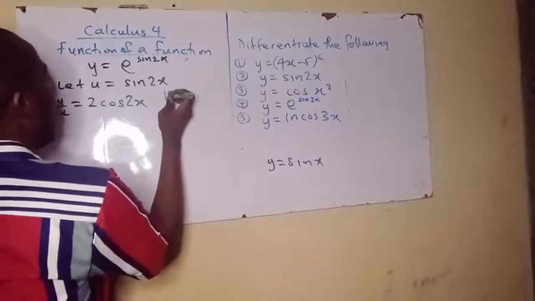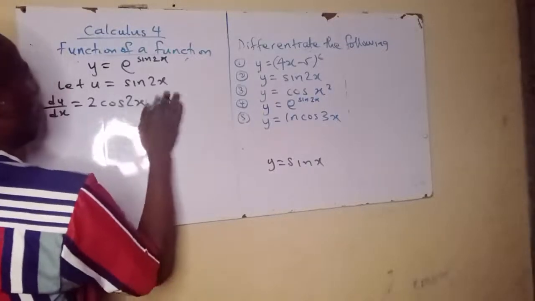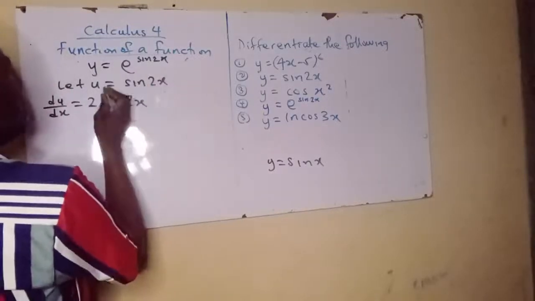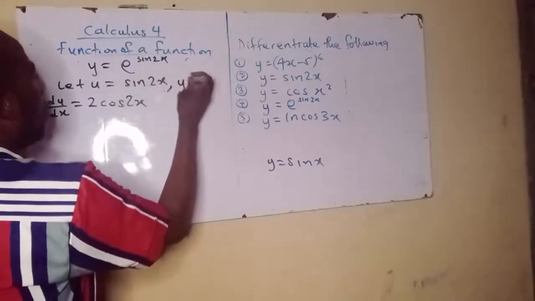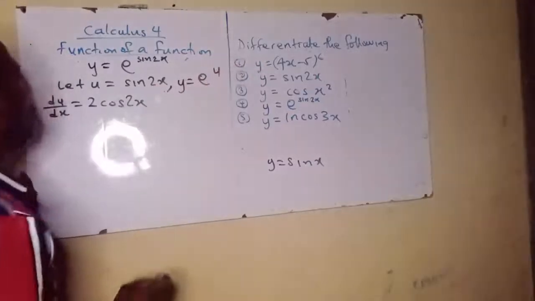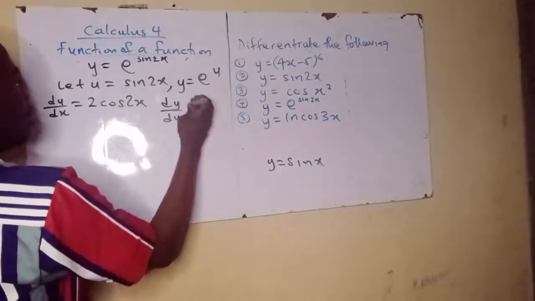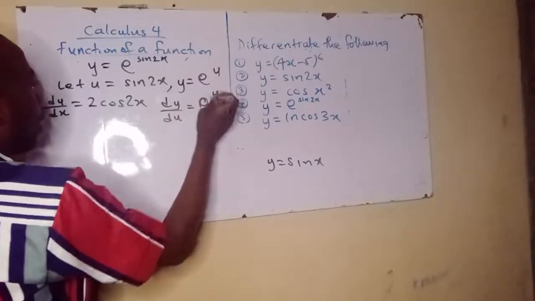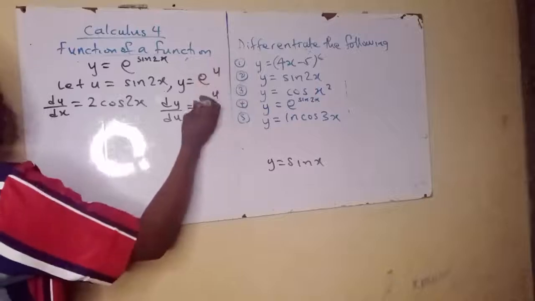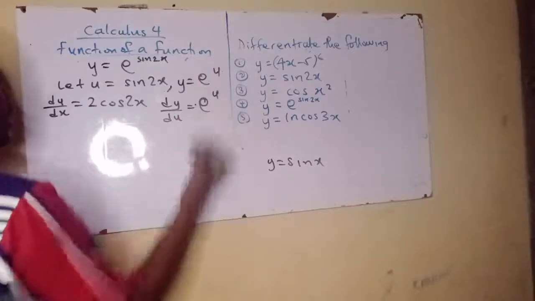Now the other one, dy du. Since I have declared u, therefore y will be equals to e raised to power u. Now dy du will still be e raised to power u, because if I differentiate it, it is going to give me 1 and then e to the u will remain.